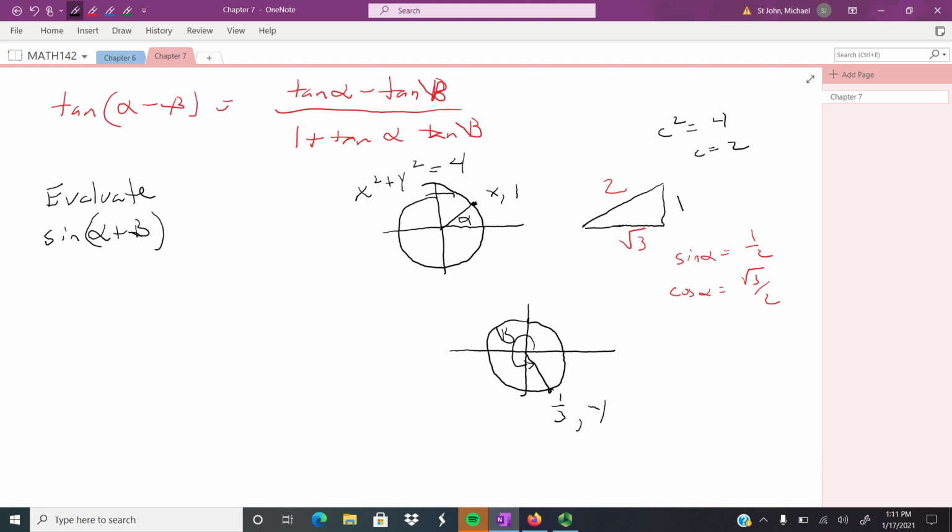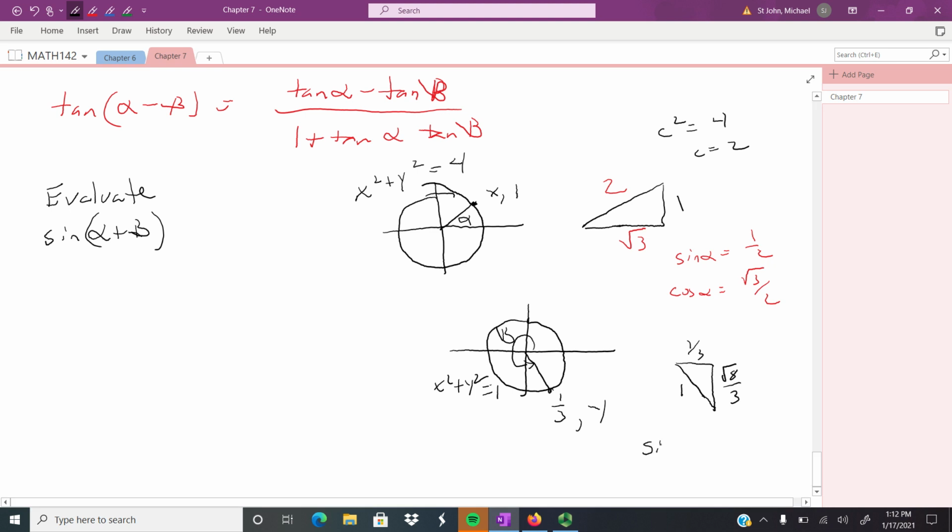The circle is given by x squared plus y squared equals 1. So here's my triangle. This is 1/3, this is going to be 1, and this is going to be the square root of 8 over 3.